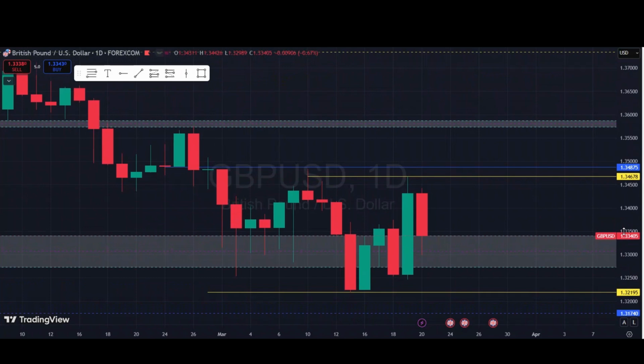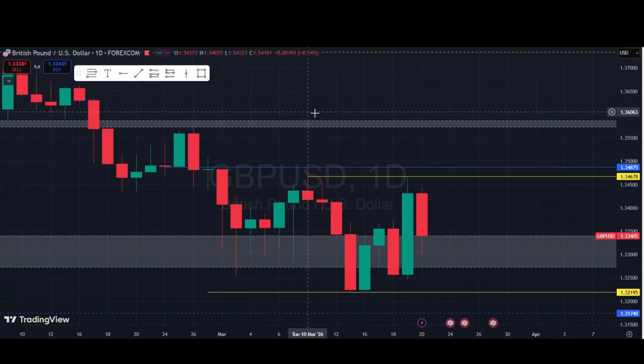On the daily time frame, one of the first things we want to see as our draw on liquidity is price to go a bit higher. The first draw on liquidity, we are looking at price to take out this high, which is the 1.3467 level. It's an internal range. Then the next will be this particular order block on the daily, which is the 1.3487 level.